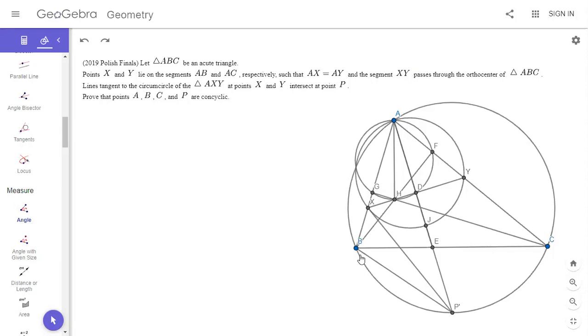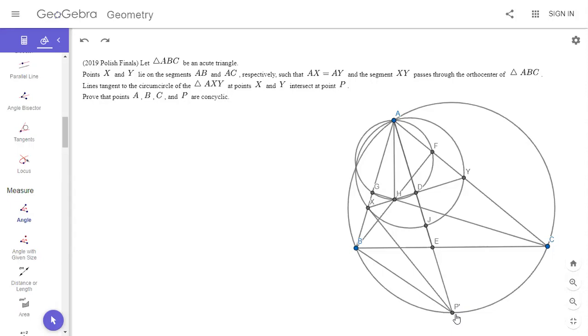I think triangle BEP prime is similar to triangle ABP prime by an angle chase.